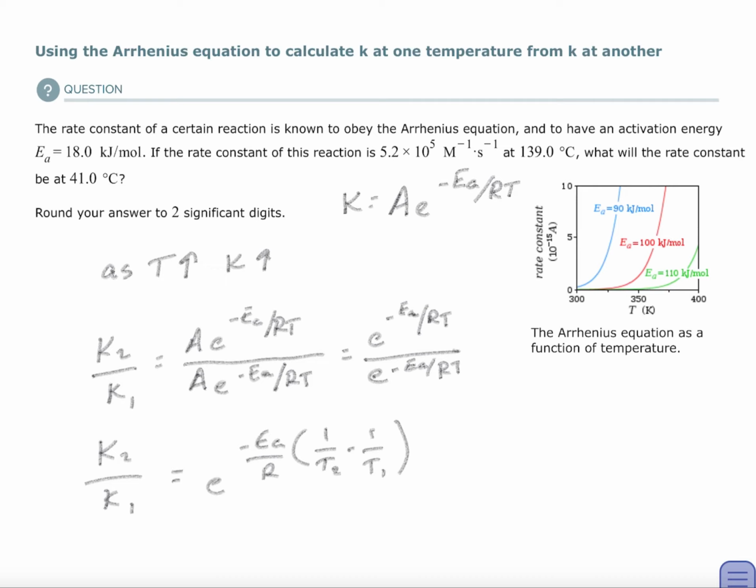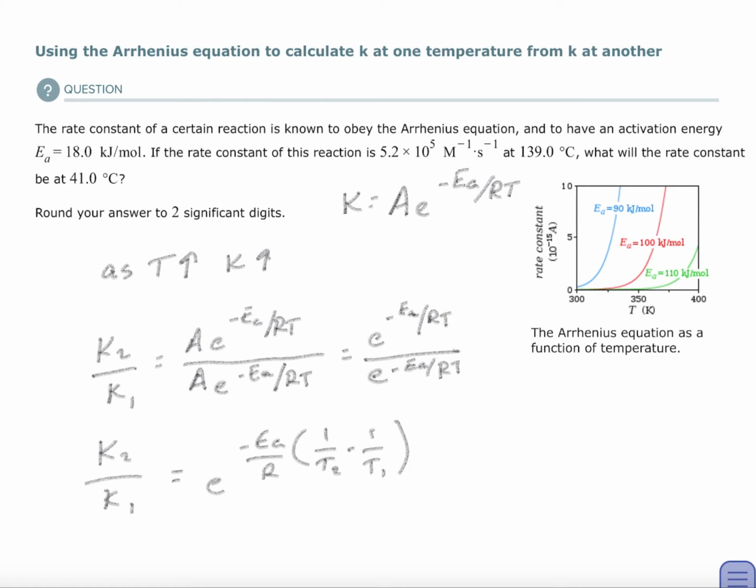So when you rewrite this, and this is ugly, I hate this algebra, but when you rewrite the equation, this is the one that I would memorize or write down in your book of formulas, so that you have K2 over K1 equals e to the EA over R times the quantity 1 over T2 minus 1 over T1.